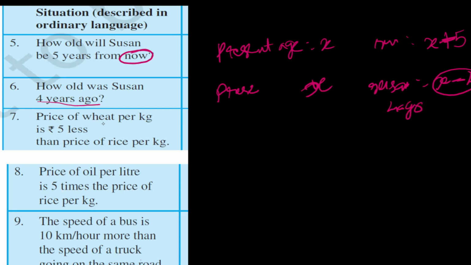And the price of wheat per kg is 5 less than the price of rice per kg. Here the price of wheat depends upon the rice price. If we know the rice price, then we can say the price of wheat. So let's take the rice price as x.